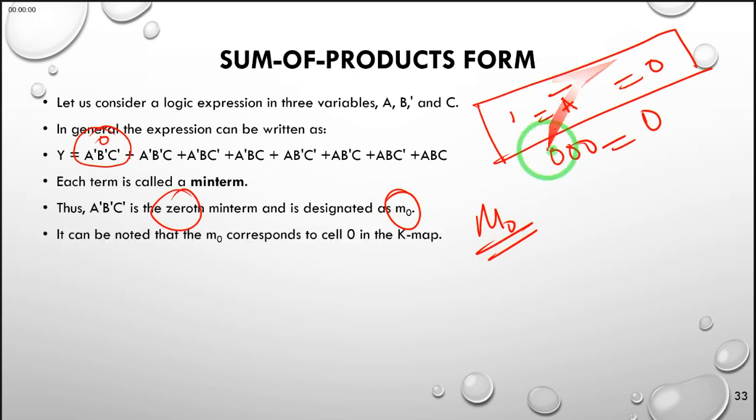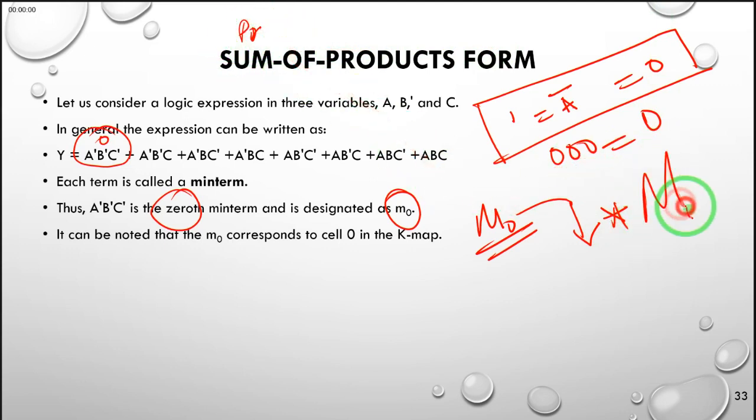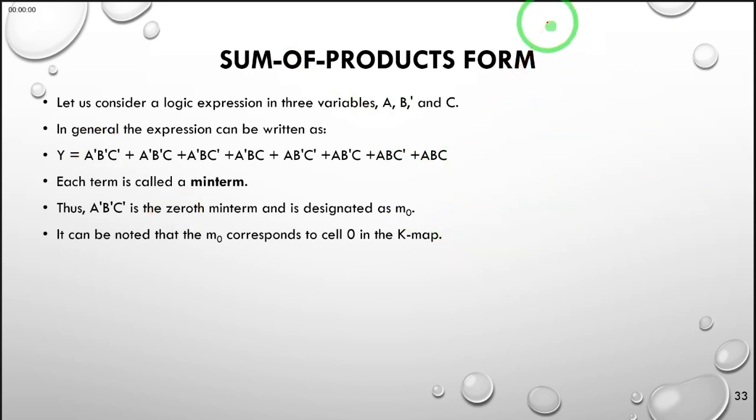Just notice that this is small m, not capital, because when we deal with maxterms, the product of sums, we'll be talking about capital M. So notice that very carefully. We can note that m0 corresponds to cell 0 in the K-map. So when we have a K-map with, say, 16 cells numbered 0, 1, 2, 3, cell number 0 is equivalent to minterm 0.